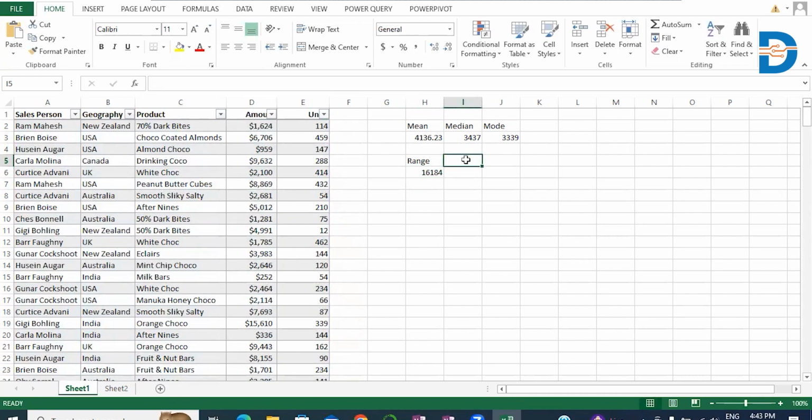Then next, we calculate the IQR, interquartile range. How can we calculate IQR? The formula is third quartile value minus first quartile value. How can we calculate the third quartile value?